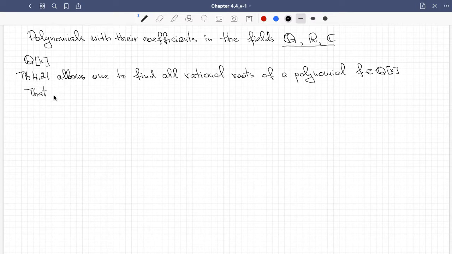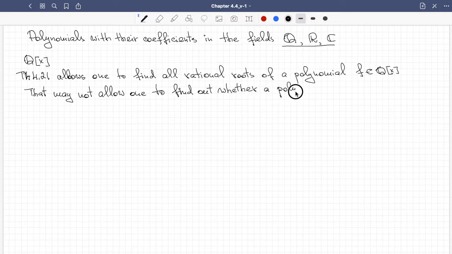But it may not allow one to find out whether a polynomial is irreducible.